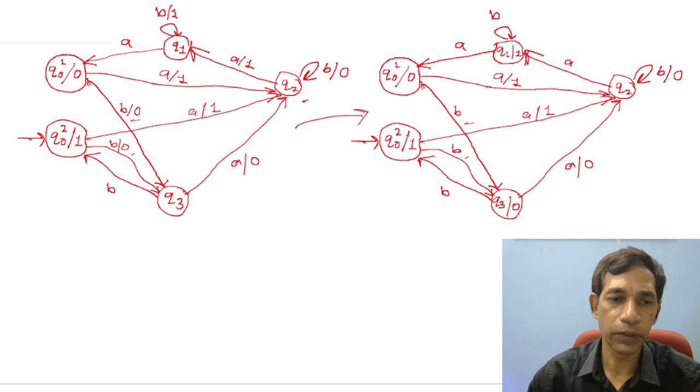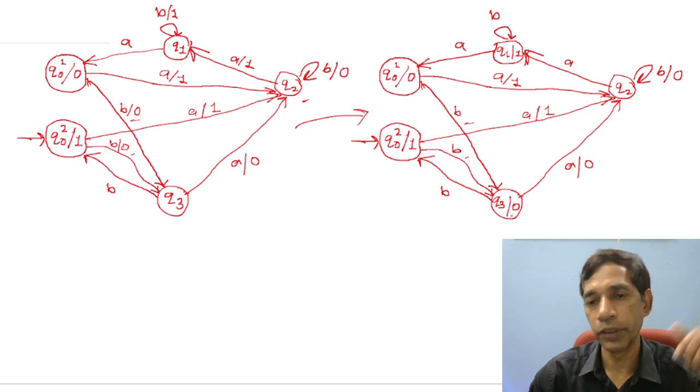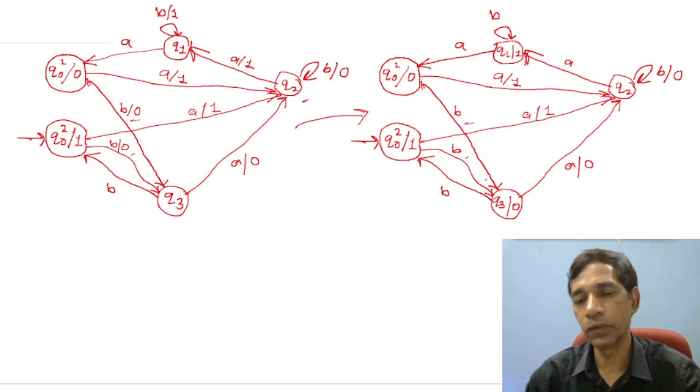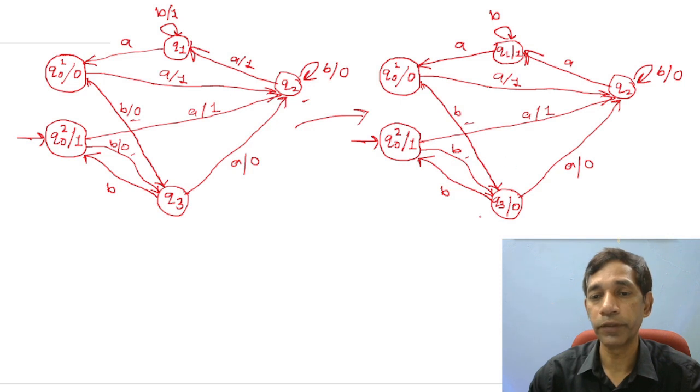So we have also replaced this Q3 with Q3/0, meaning now Q3 is going to produce the output 0, and we have relabeled the edges as B from the first copy of the Q0 coming to the Q3, and from the second copy of the Q0 coming to the state Q3 is labeled B. So now we have obtained this form.